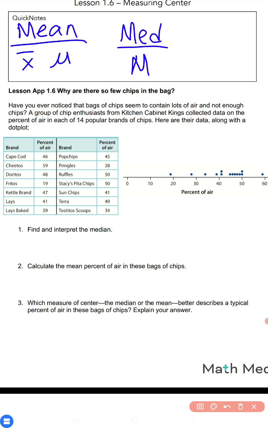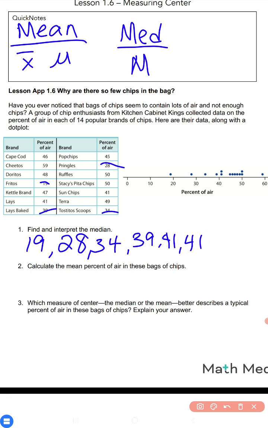So how do I find the median? Well, I start by lining up my numbers from least to greatest. So 19 would come first, and then 28 and 34 would go next. And then we've got a 39 and two 41s.